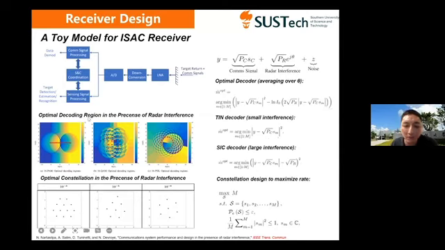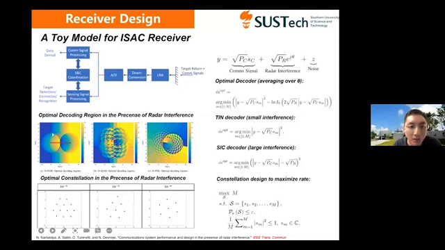And so the inverse problem is how to design the constellation to maximize the communication rate in the presence of the radar interference. So this can be modeled as an optimization problem. As you can see, there are two problems here. One is optimal decoding and one is optimal constellation design.